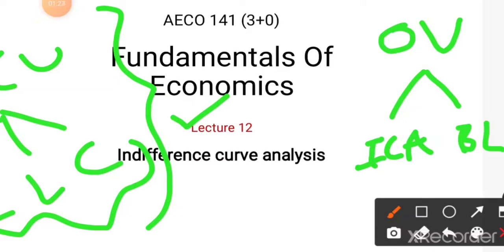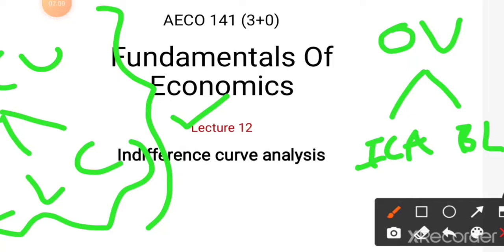What is the difference between the cardinal utility approach and the ordinal utility approach? In cardinal utility we measure satisfaction in terms of mathematical expressions like utils, 1 util, 2 utils. Under the ordinal utility approach we study satisfaction by giving preferences or ranks, like from apple I got more satisfaction than mango, or from mango I got more satisfaction than banana.